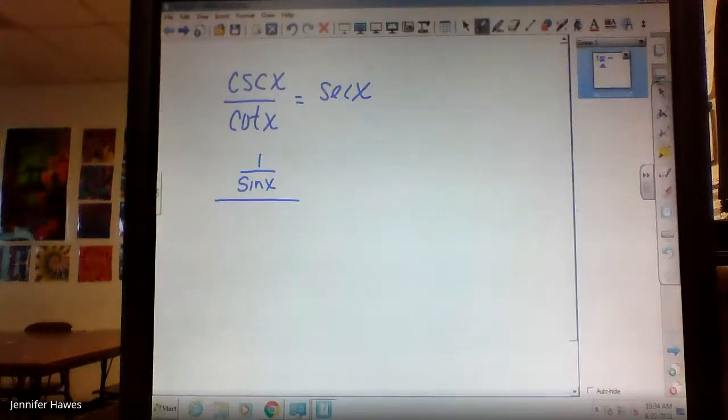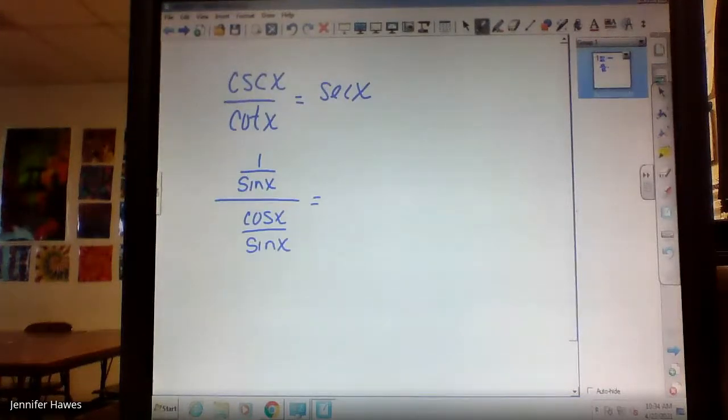x represents theta. It won't matter if it's an x or a theta. Cotangent is cos over sine. Don't change it into 1/tan. Try to change it into cosine and sine as much as you can. Now, if you want to change the secant over here, you can, or you can leave it, because that's obviously not my complicated side.